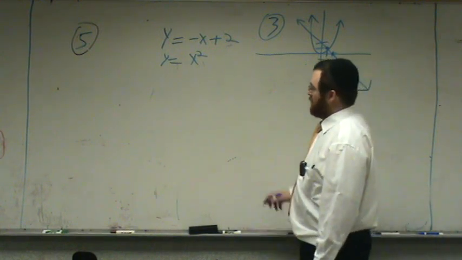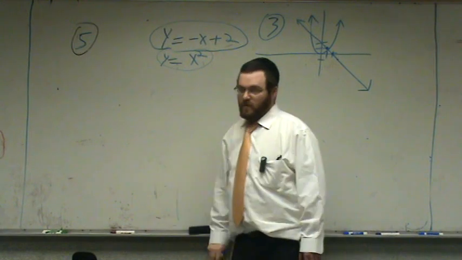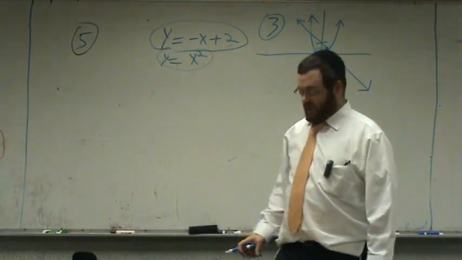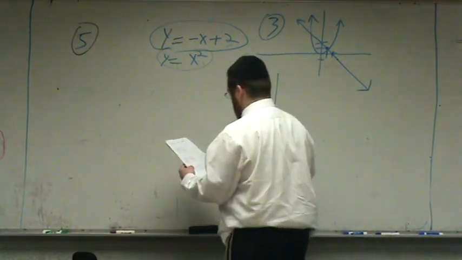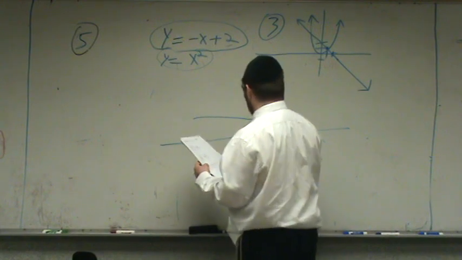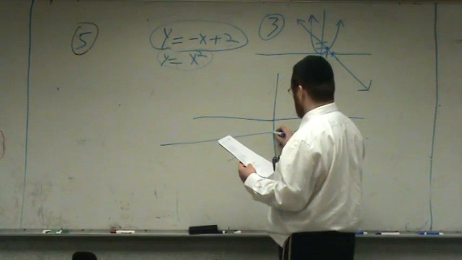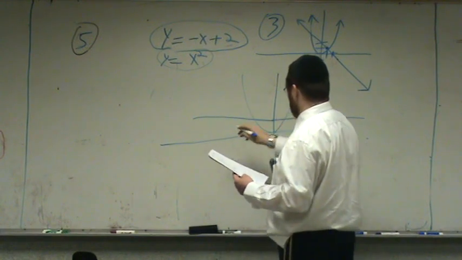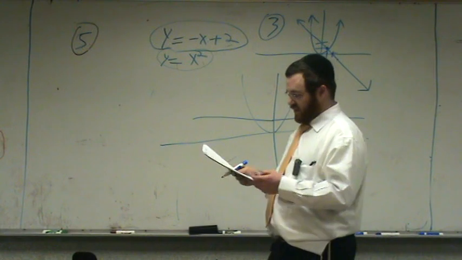Answer 3 will solve both of these: y equals x squared, and y equals a negative slope with a y-intercept of 2. Let's see answer 4. Answer 4 is a line like this. The line is parallel to the x-axis, so there's no negative slope. So even though the parabola is correct, there's no slope, so answer 4 is not correct. So the only correct answer is answer 3.